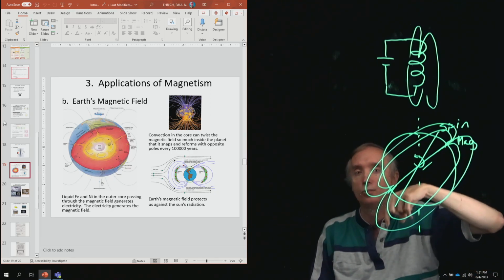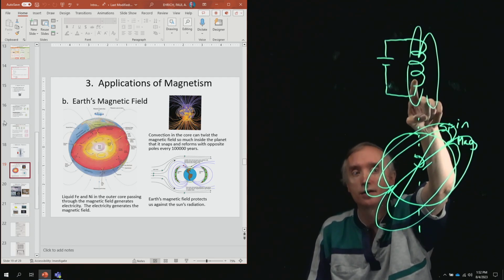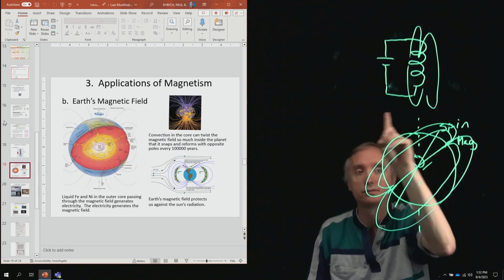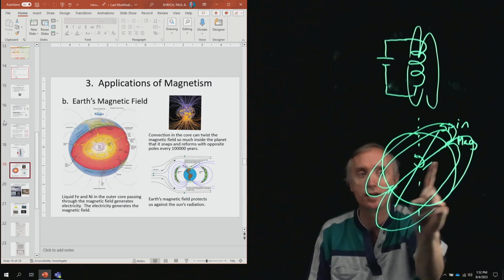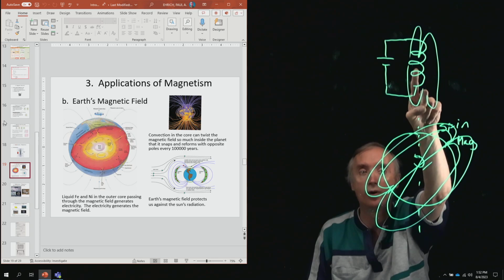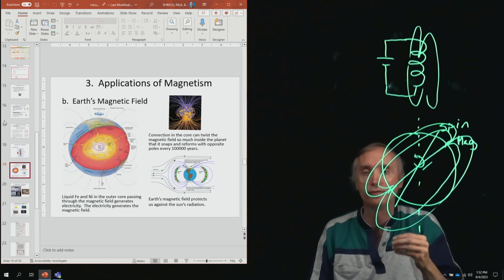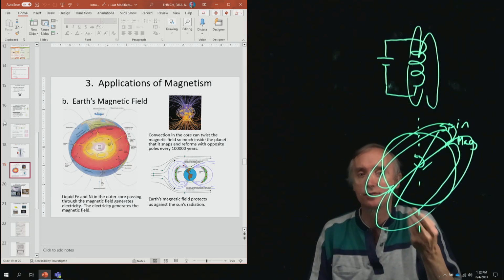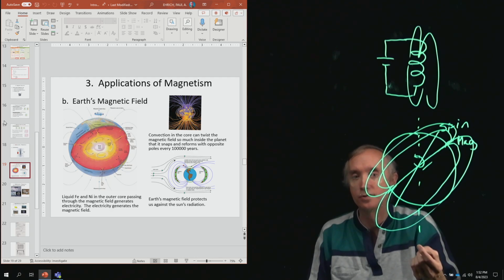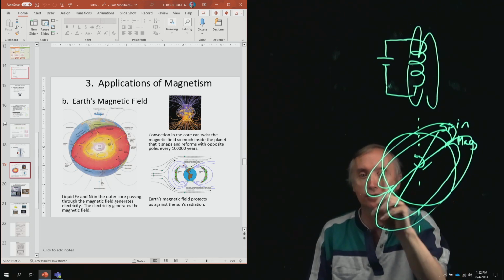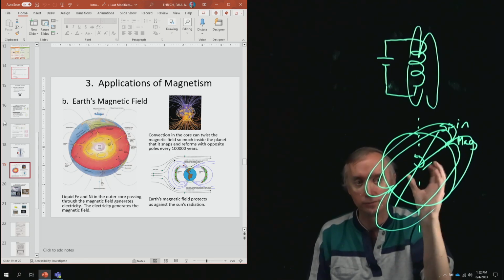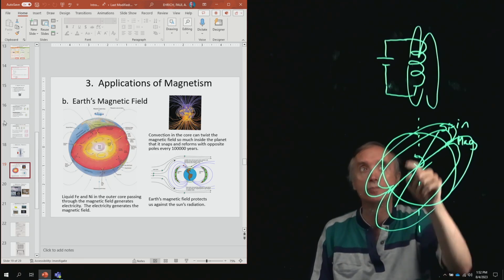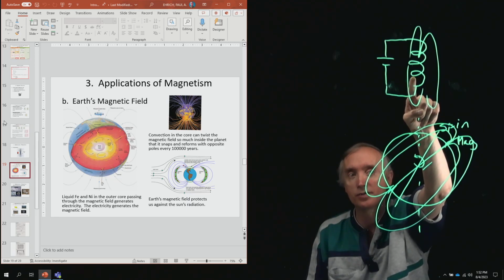Now, we said that in order to make the electromagnet, you needed the coil, so material had to be going around and around in the wire. Can you understand why materials would be going around and around inside the Earth? It's because the Earth is spinning. Remember, the wire is made of metal.